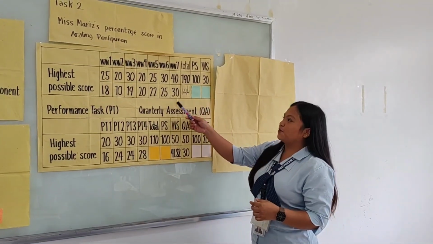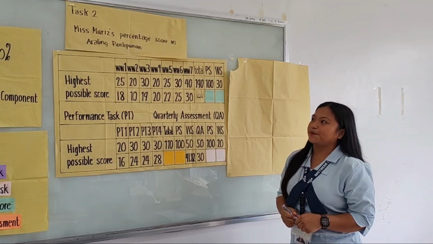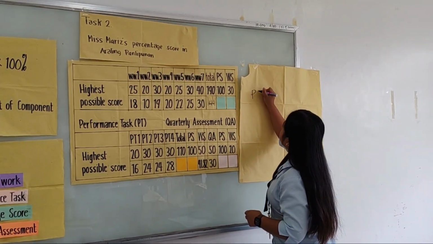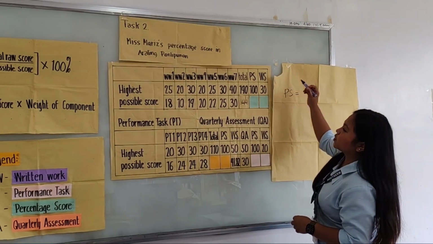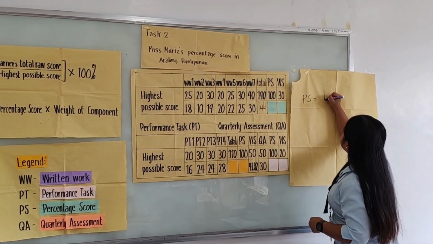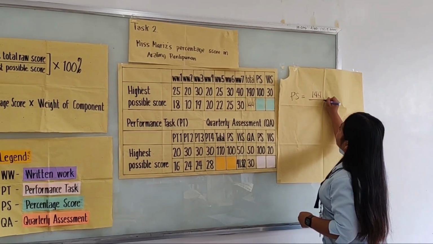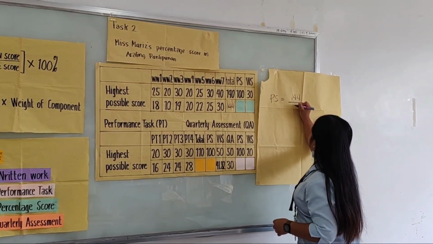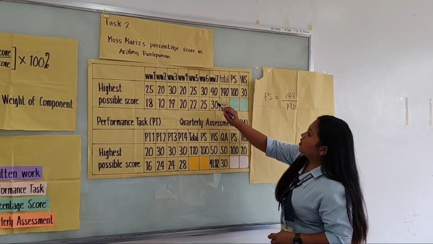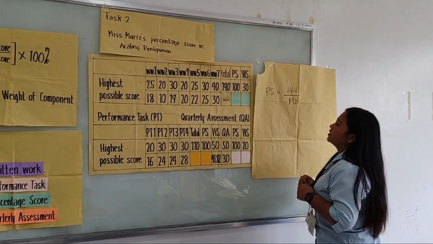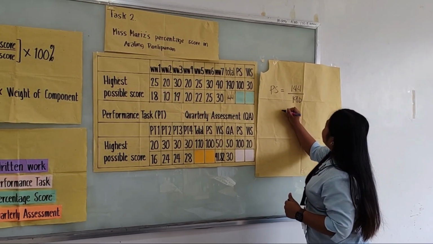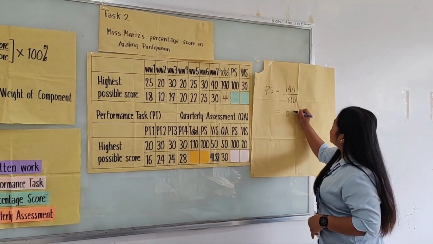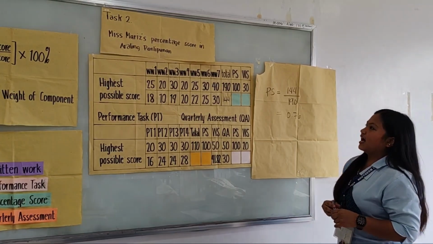Since we already have the total of Maurice's raw score, now we can proceed to get the percentage score. The formula is percentage score equals the learner's total raw score, which is 144, over the highest possible score, which is 190, since that is the total from written work 1 to written work 7. So 144 over 190 equals 0.76.